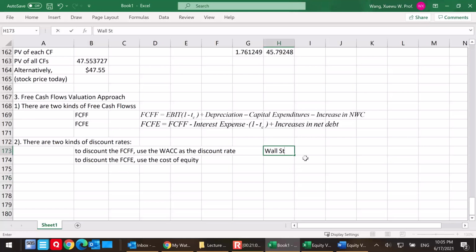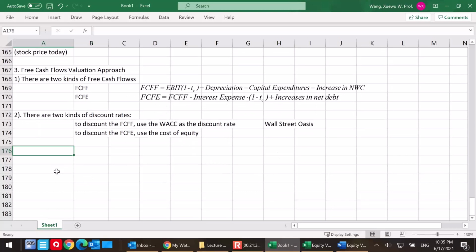You might want to check out this website. Some of the content is fee-based, but if you're looking for investment bank jobs, you might want to pay the $200 to get the content, or you can get it from friends who may have done this before. So that is the free cash flow and the discount rates. This is very similar to, for instance, capital budgeting when there is inflation.